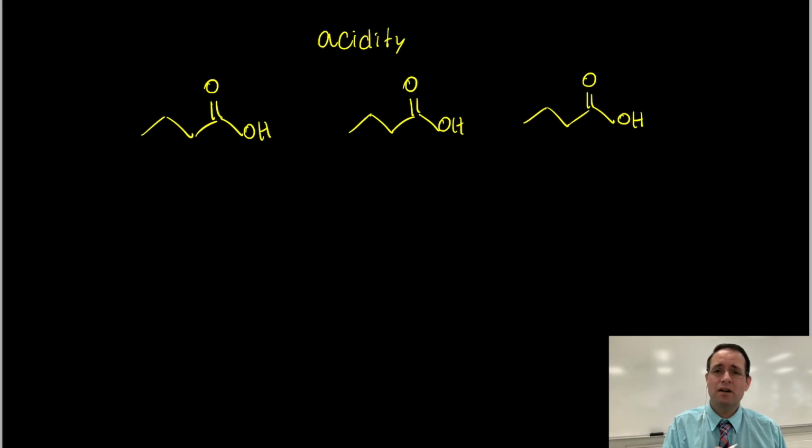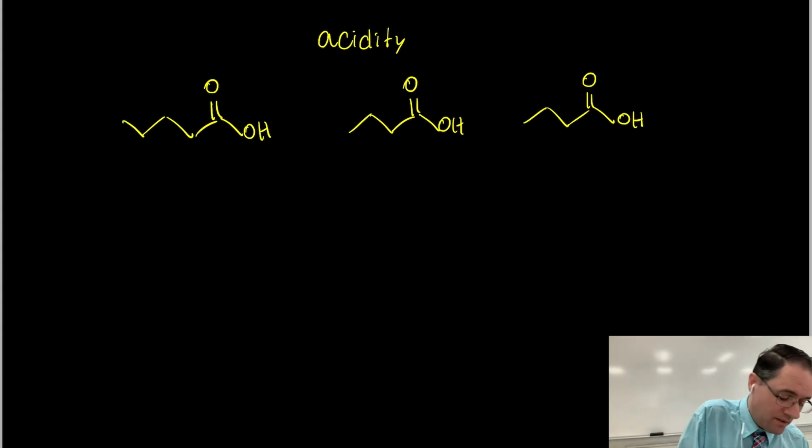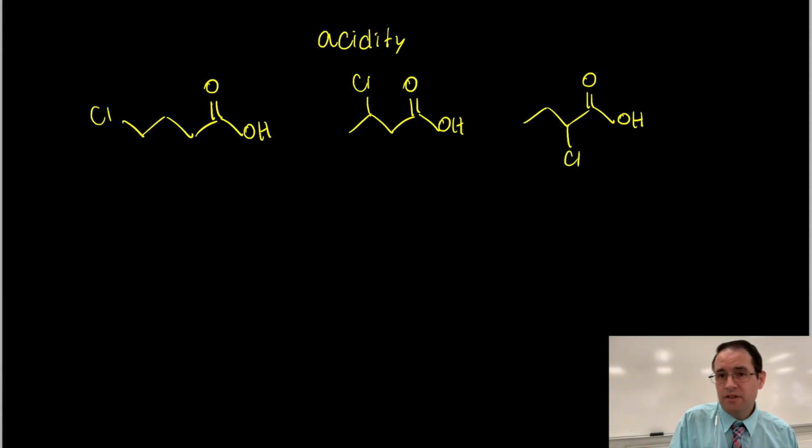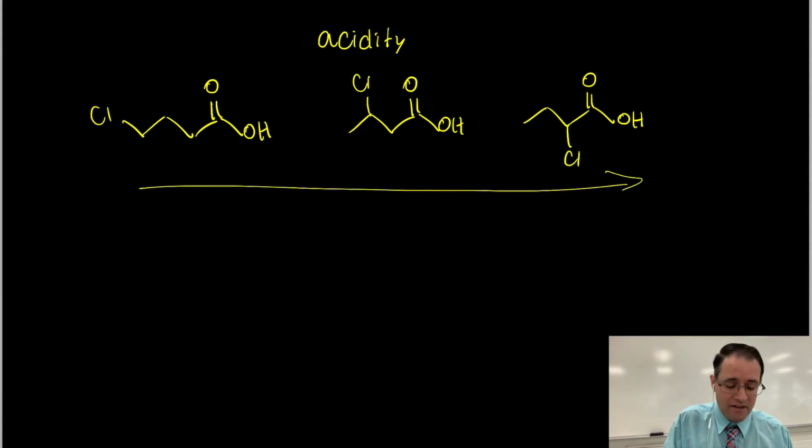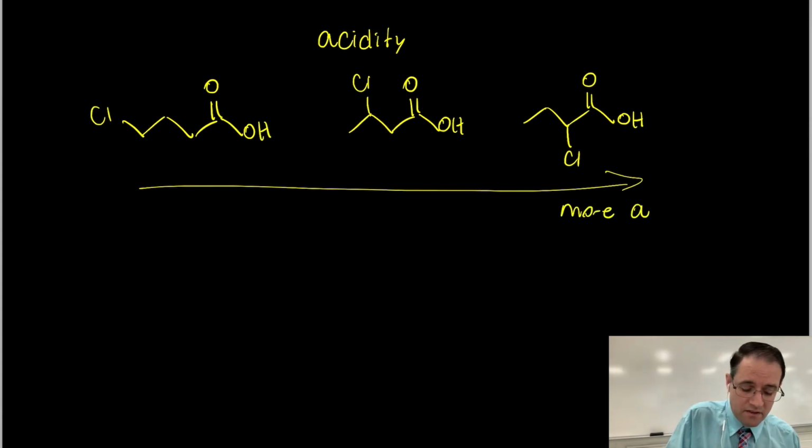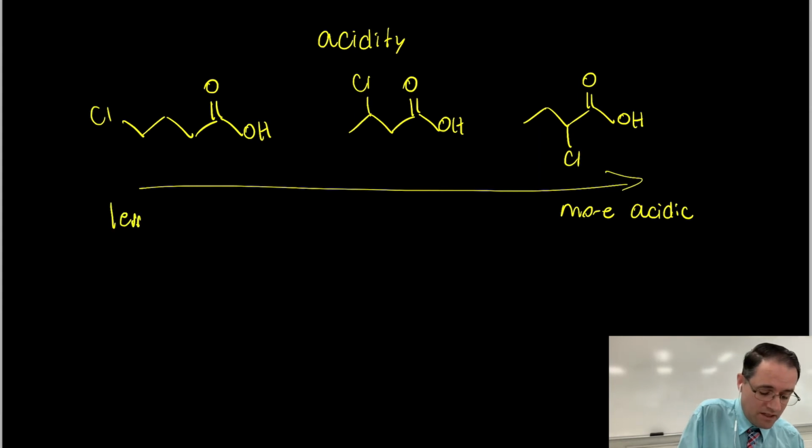It's going to make the corresponding carboxylic acid more acidic. So the first thing is that if you have an electronegative element closer to your acidic functional group, it's going to have a greater influence, okay? So you're going to have more acidic on the right, less acidic on the left, okay?